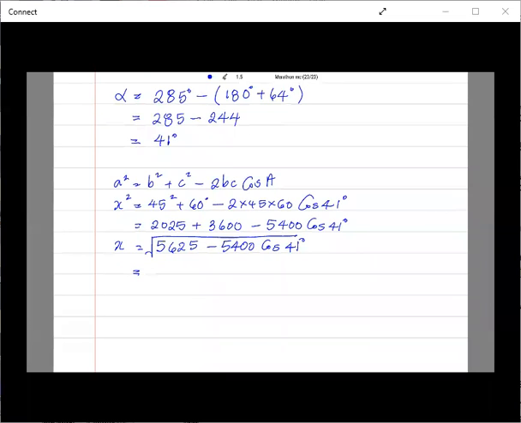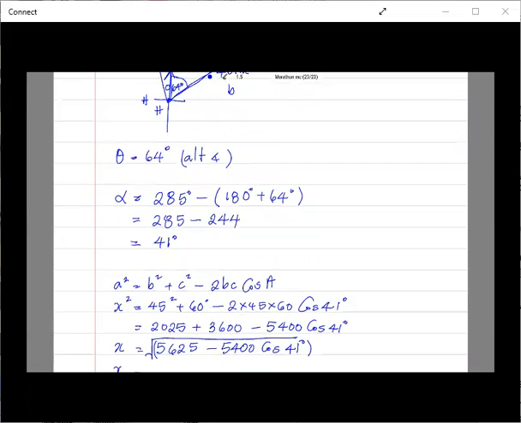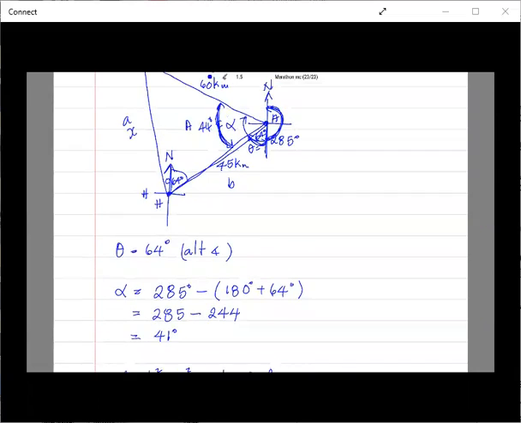So it's the square root, open bracket. The brackets are important. 5,625 minus 5,400 cosine 41 degrees, close bracket, press equal, and x, which is HB or BH, or did they ask us for it?